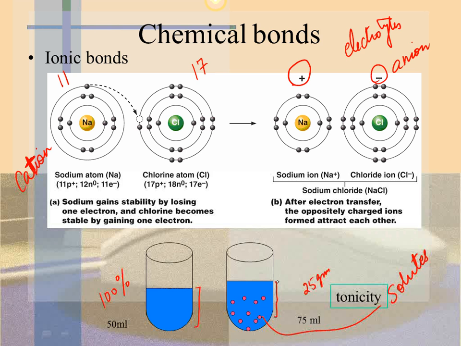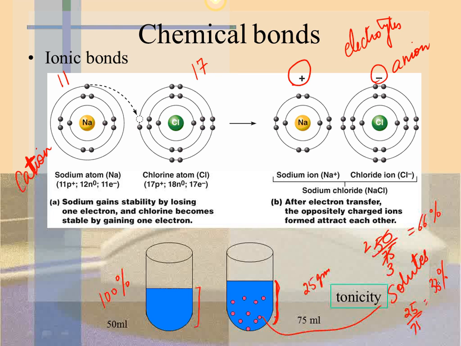So now if you look at this 75 ml solution, 50 ml was water, so that 66% is water, and 25 ml, 1/3, was the solutes, so that's about 33%.